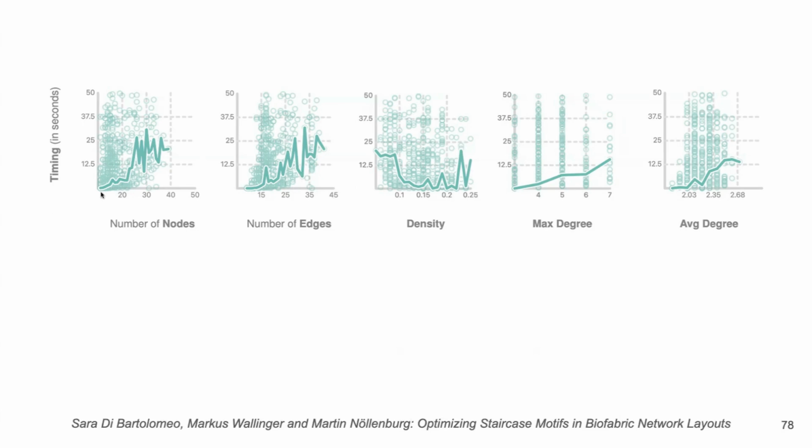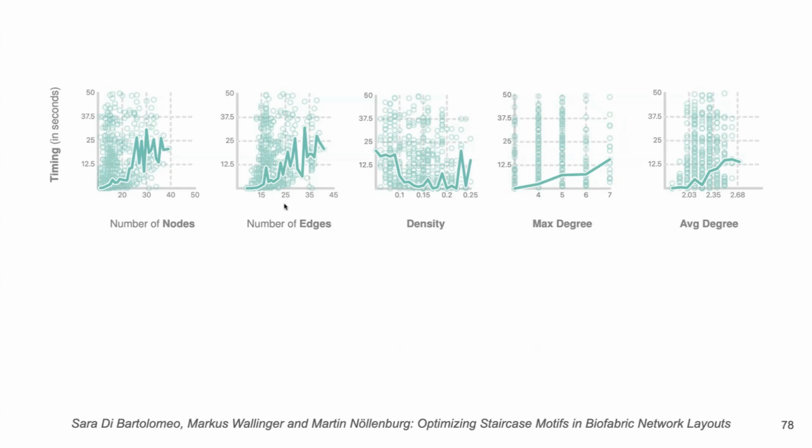And it's not necessarily the number of nodes that is going to determine how long it takes to solve the problems. It could be something else that influences how difficult it is to solve something. So here you can see that number of nodes does indeed make the time grow.